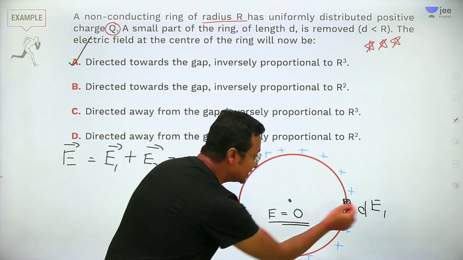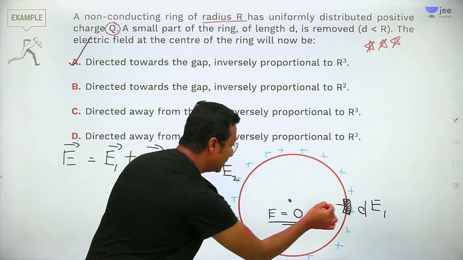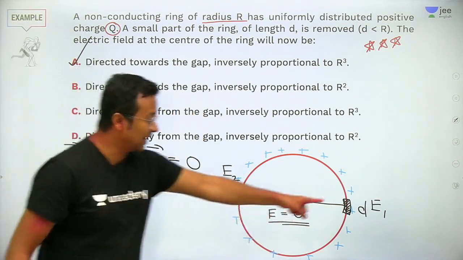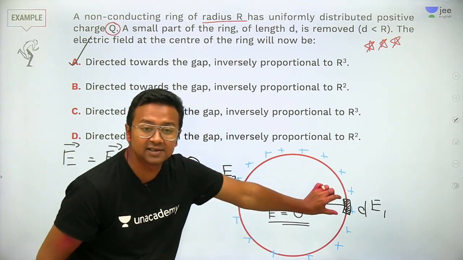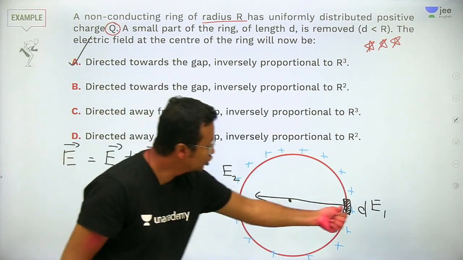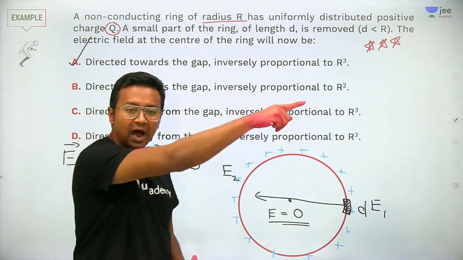Now let us try to understand what is the electric field due to this portion at the center. It's a small portion, so I could consider this as a point charge. Due to the point charge, the electric field will be in this particular direction, radially outward.